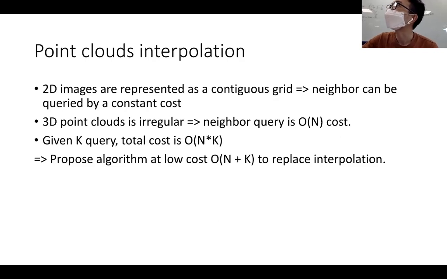So if you have a total of k queries, meaning the new interpolated set is k points from the original n points, the total cost is n by k. So we try to propose an algorithm with a low cost of n plus k to replace interpolation.